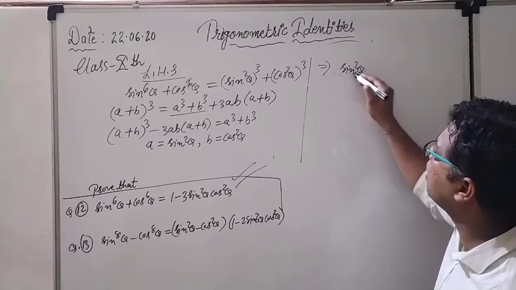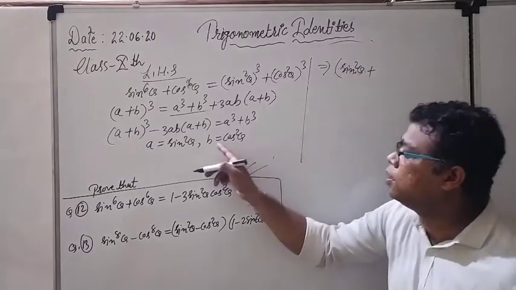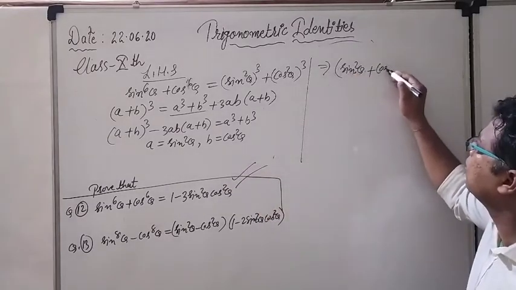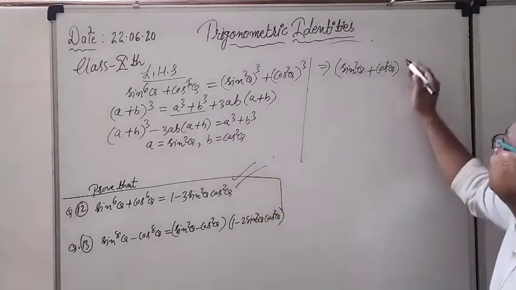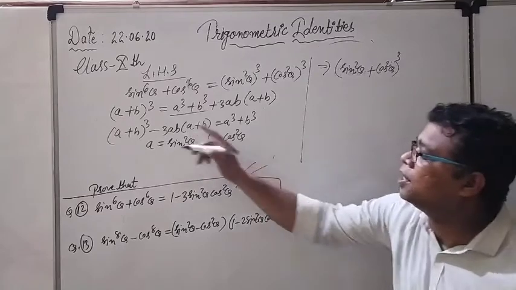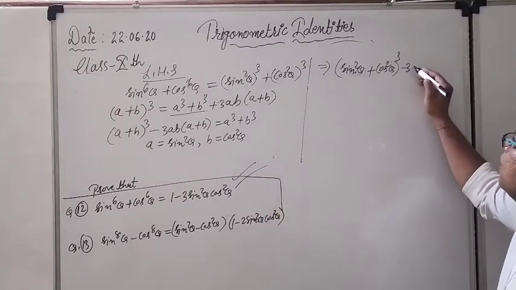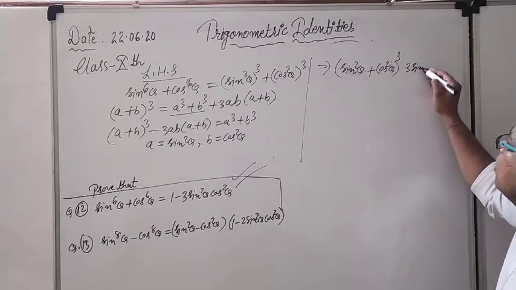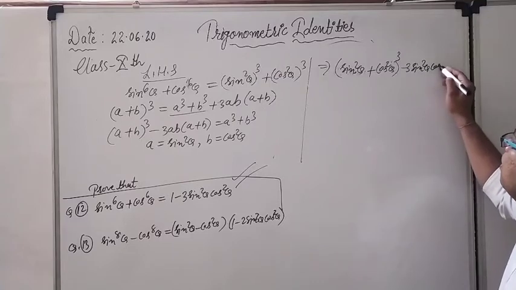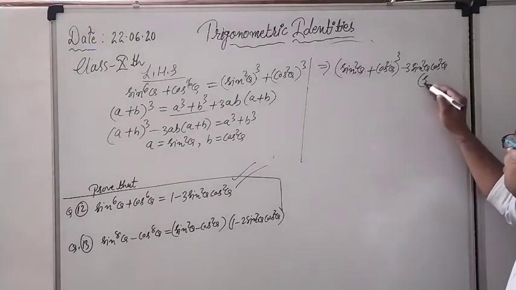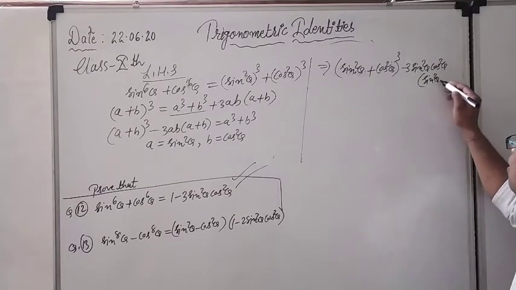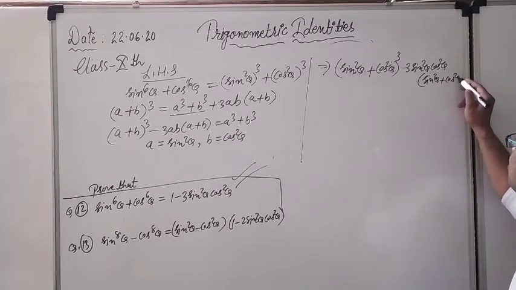Sin square theta plus what is B? Cos square theta, power 3, no problem, minus 3ab, minus 3 into sin square theta into cos square theta, bracket A plus B, again sin square theta plus cos square theta.